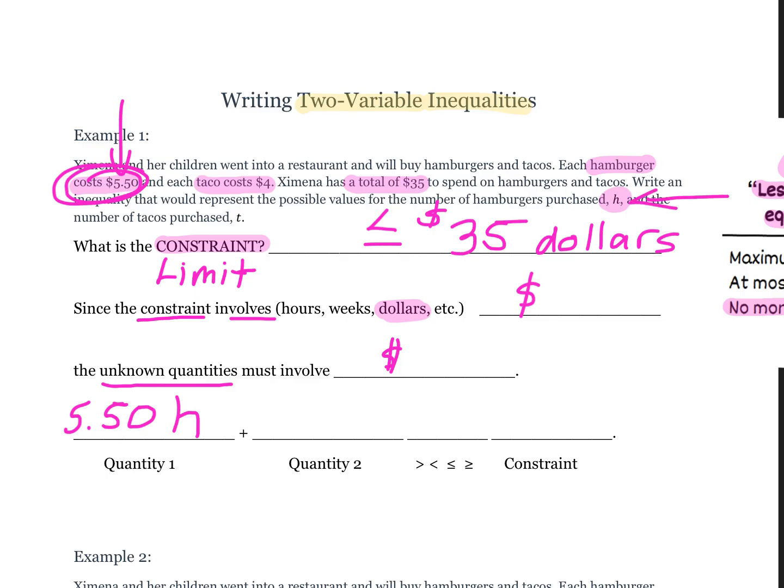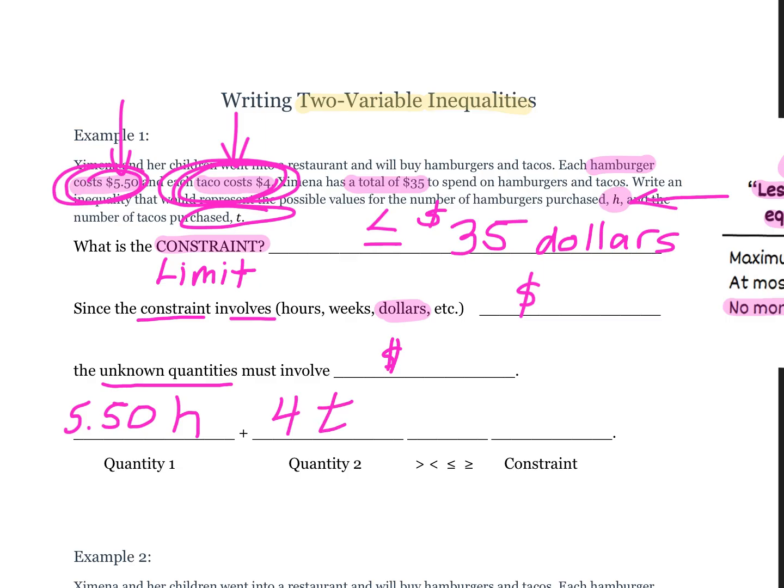And then each taco costs $4, and they told us to use the letter T to represent tacos. So my second quantity is $4 times T.